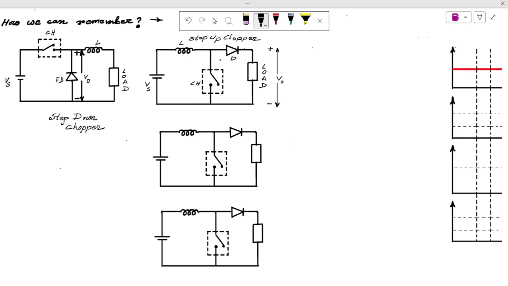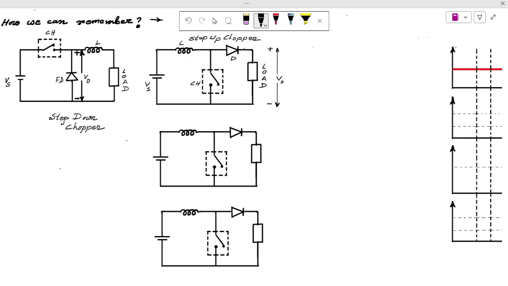In the step-down chopper, the diode is called a freewheeling diode, but here it is called only a diode. Load is here and CH is the chopper, and the voltage across the load is V naught, the output voltage.